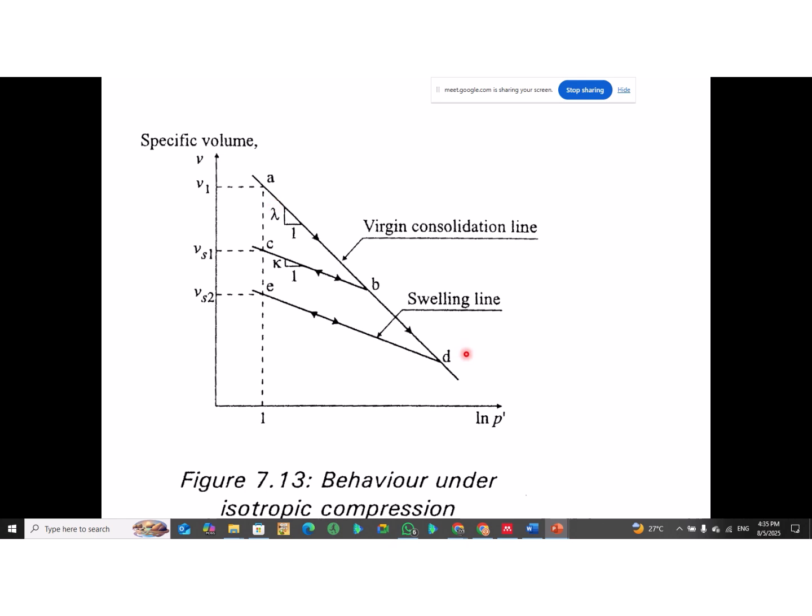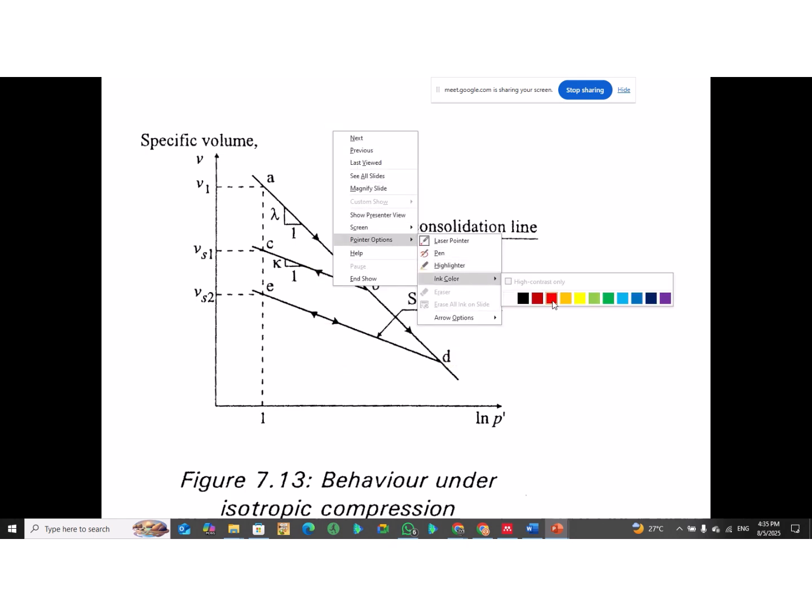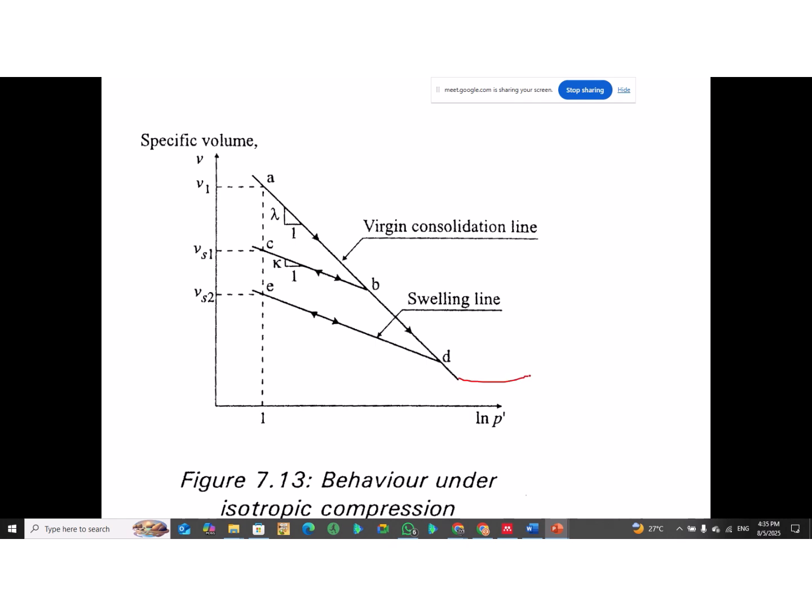The lambda of course is the gradient of the virgin consolidation line. For unloading-reloading, we expect the gradient to be the same, whether you unload from point B or point D. But I have to stress that we have just extracted the linear part; the complete curve is like that.